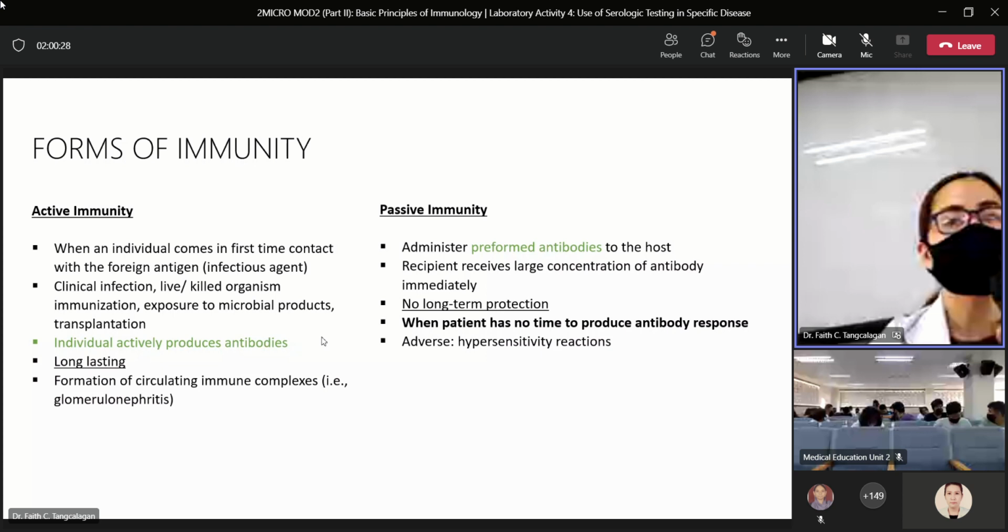Okay, the infection. First-time encounter of the infectious agent, and then you develop immunity. Okay, that's good. So that's an example of active immunity.